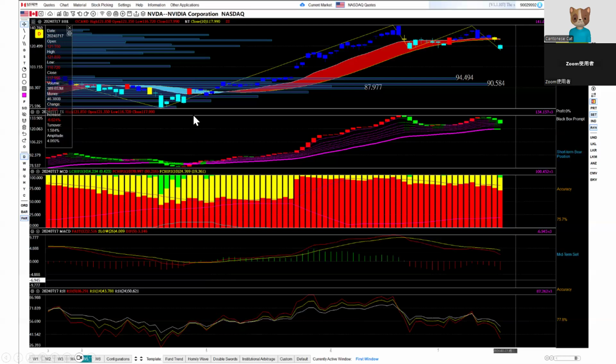If you draw a line vertically, you will find that the red candle actually appeared a few days before the MACD golden cross. In other words, the MACD technical indicator golden cross is a lagging indicator. It appeared just a few days, 1, 2, 3, 4, after the red candle appeared in the blue ribbon in panel 1.